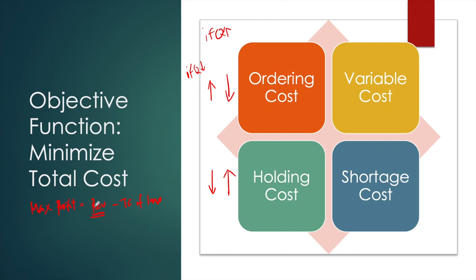Because you have your selling price and you also have your demand, both of which are uniform and constant. Therefore, if revenue is fixed, then technically maximizing profit is the same as saying you want to minimize your total cost.